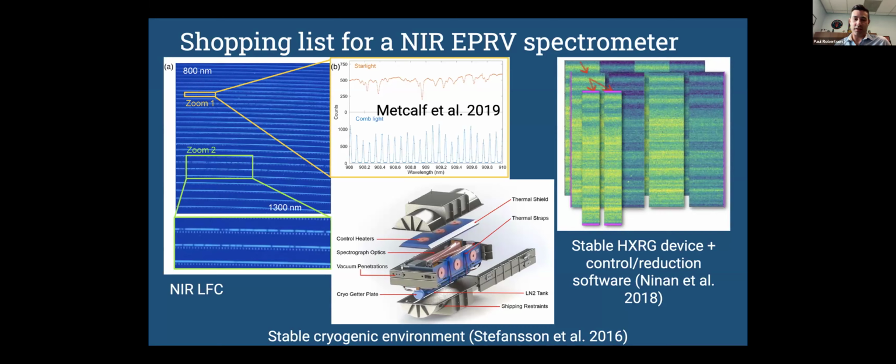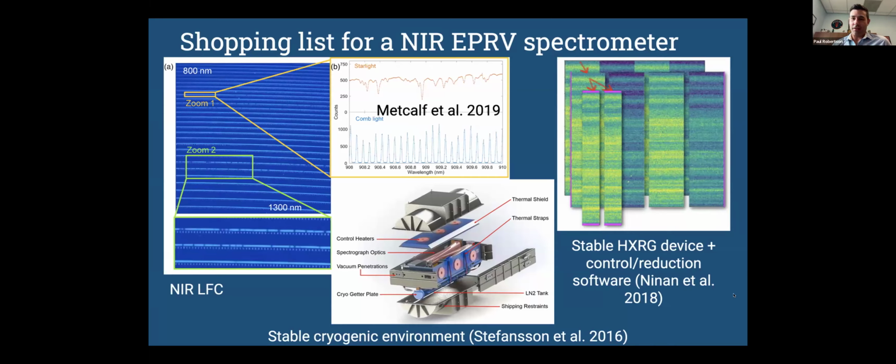But this cooling and stabilizing of a cryogenic system across the volume of an instrument that's roughly the size of an SUV adds a lot of complexity and cost. And when I first called Lakeshore to ask if they had temperature monitoring equipment that would do this, they literally laughed at me. So we've made a lot of advances there.